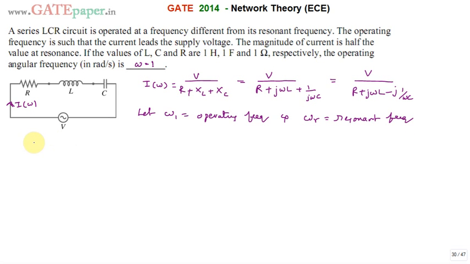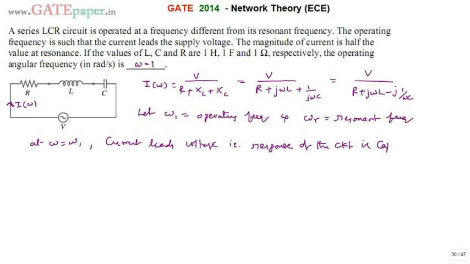So at omega equal to omega 1, it is given that current leads voltage. Current leads voltage means the circuit is capacitive, the response of the circuit is capacitive. Because in a capacitor current leads voltage, XC is going to be greater than XL.